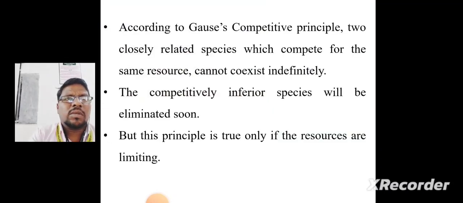According to the competitive exclusion principle, two closely related species which compete for the same resources cannot coexist indefinitely. The competitively inferior species will be eliminated soon. But this principle is true only if the resource is limiting.